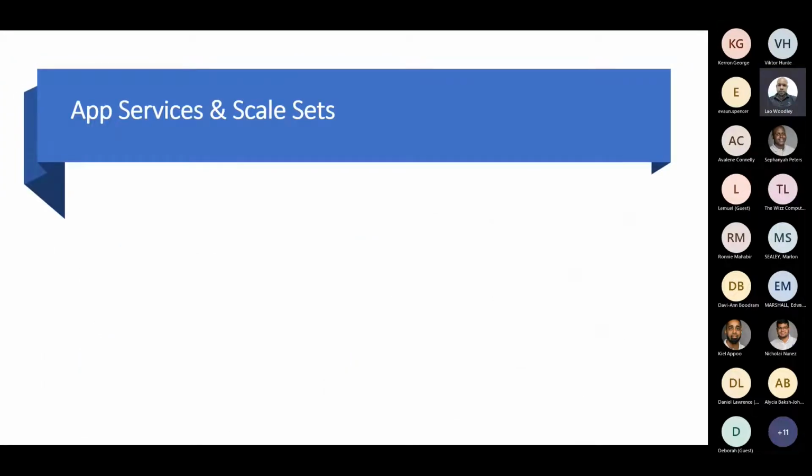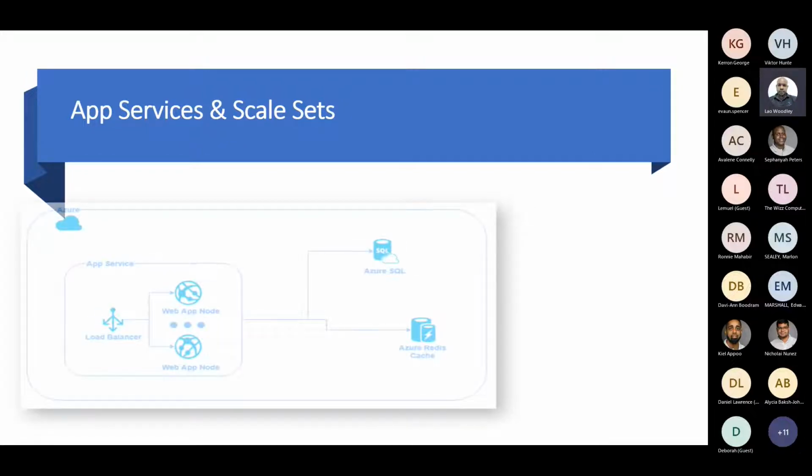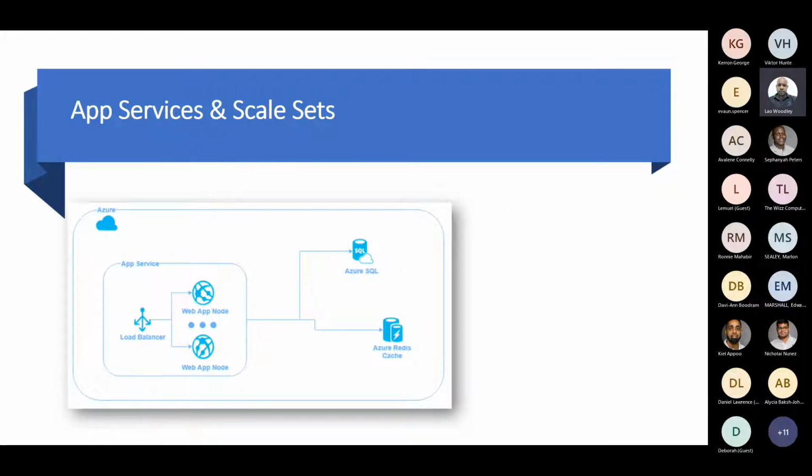Two other services we'd like to mention here as a great value to organizations would be some fully managed services built within the infrastructure of Microsoft Azure. So we first have the scale sets. So what is a scale set?